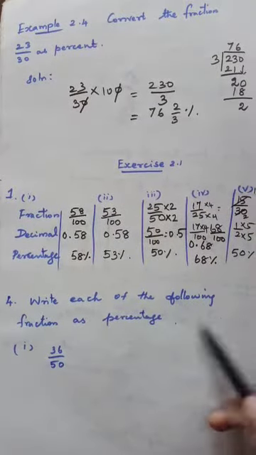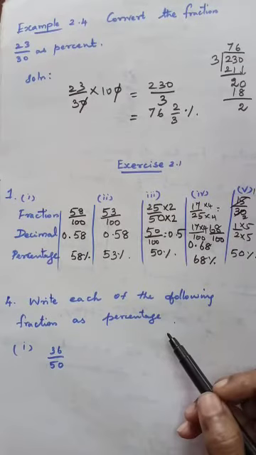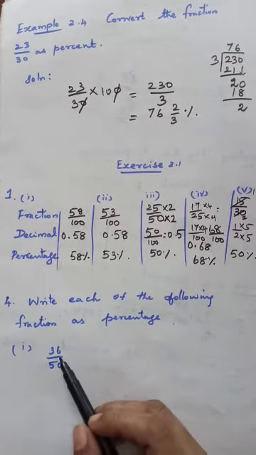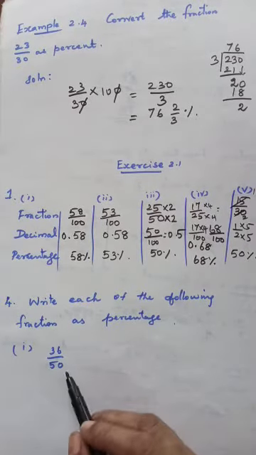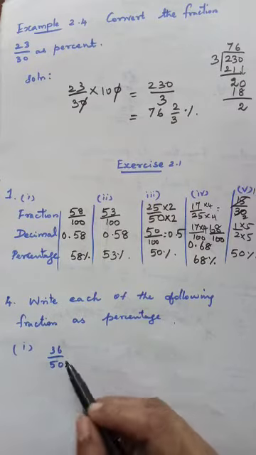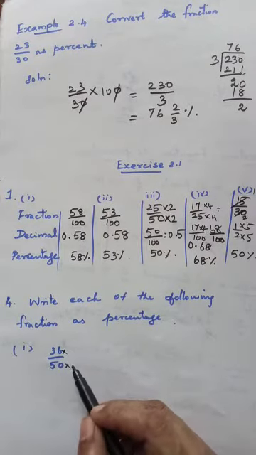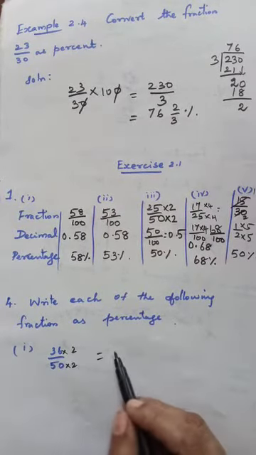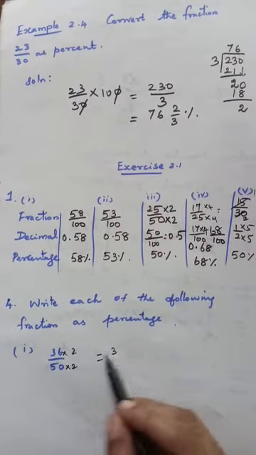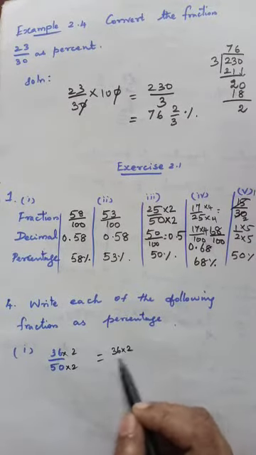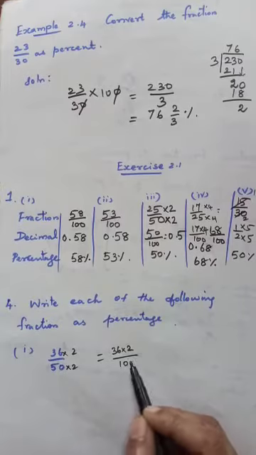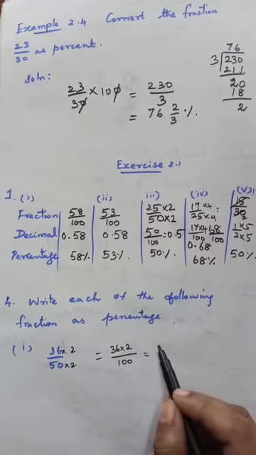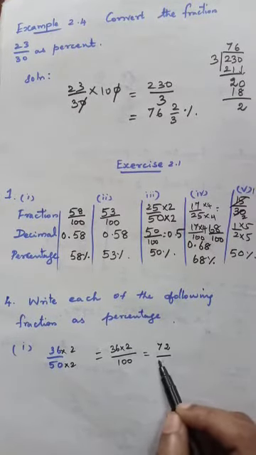Then fourth problem. Write each of the following fractions as a percentage. The first one is 36 by 50. You have to multiply both by 2. Then it will come as 36 into 2 by 100. Then it will come as 72 by 100.